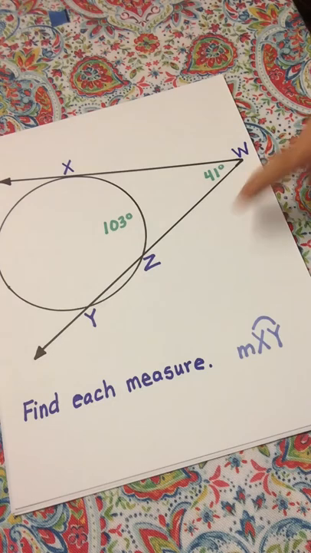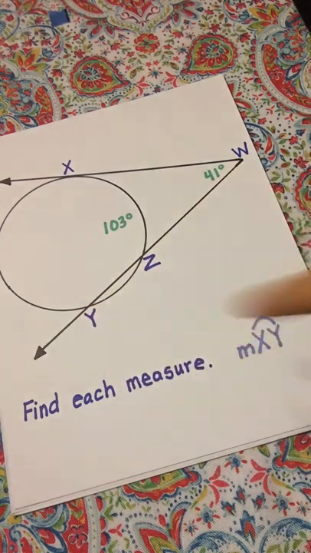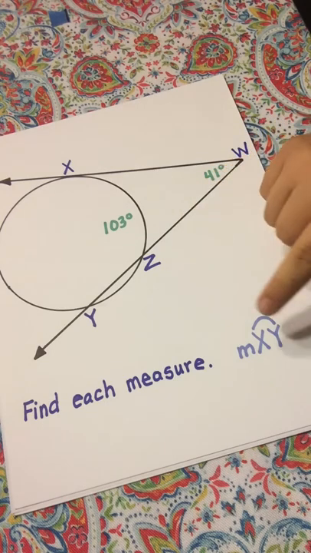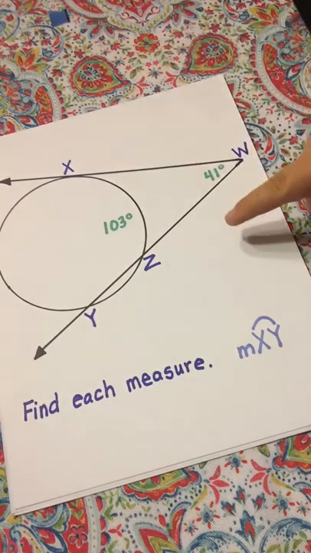Line WY is a secant line. A secant is a line that goes through a circle and touches the circle twice, as you can see. Angle W is 41 degrees, which is the angle between the tangent and the secant lines. 103 degrees is the measure of the arc XZ.